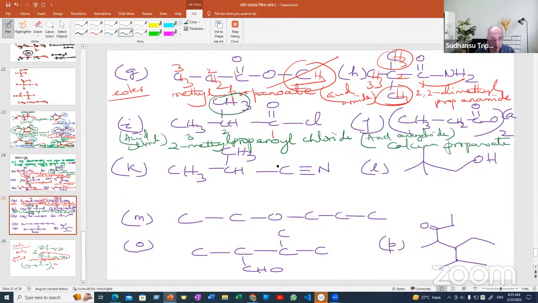And here, this is cyanide. This is a functional group and terminal carbon. So by default, it will get number 1, 2, 3. So there is a methyl branch and this is called nitrile. So in this case, the E of the primary suffix won't be dropped. So this is 2-methyl, then propane, E won't be dropped, then nitrile. No need to write 1-nitrile.